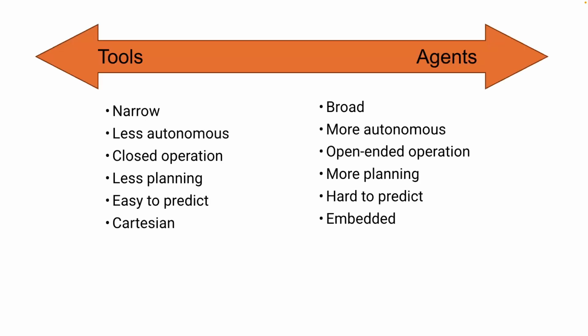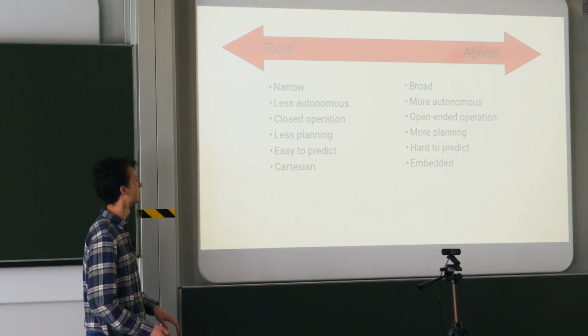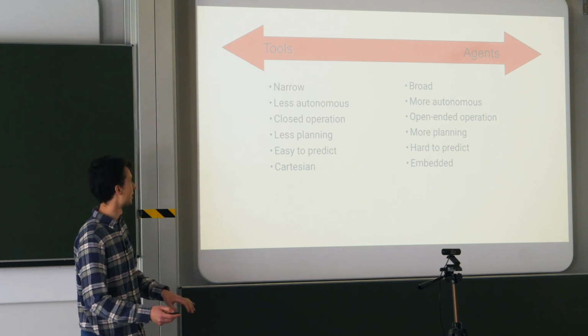As a second intuition pump, I'm going to talk a little bit about the difference between a system that feels like a tool and a system that feels like an agent. This is building off some of the things that Jason said previously.